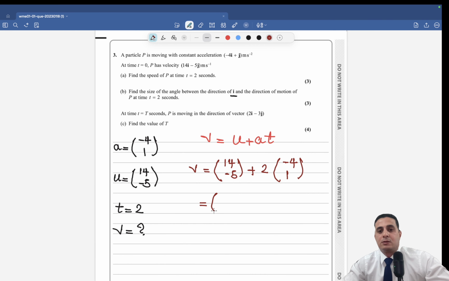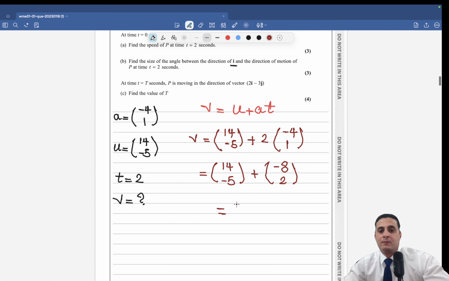So this equals 14 and minus 5, plus 2 multiplied by negative 4, negative 8, and 2. Let's add these two vectors. 14 minus 8 is 6, negative 5 plus 2 is negative 3. So this is the velocity at t equals 2 seconds.